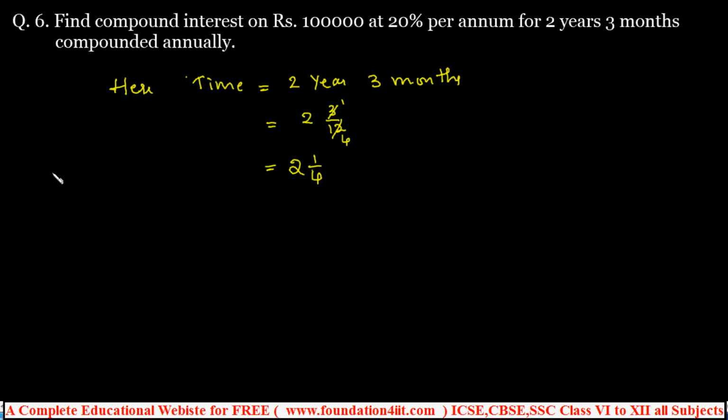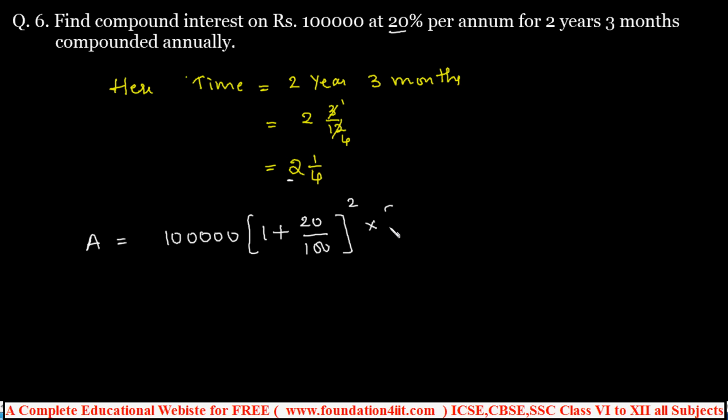Now according to this we can write the formula like this, the fourth case we discussed. So the amount is equal to P, where P is 100,000, into 1 plus R by 100, where R, the rate of interest, is 20. So 20 by 100 to the power 2 will be kept first.